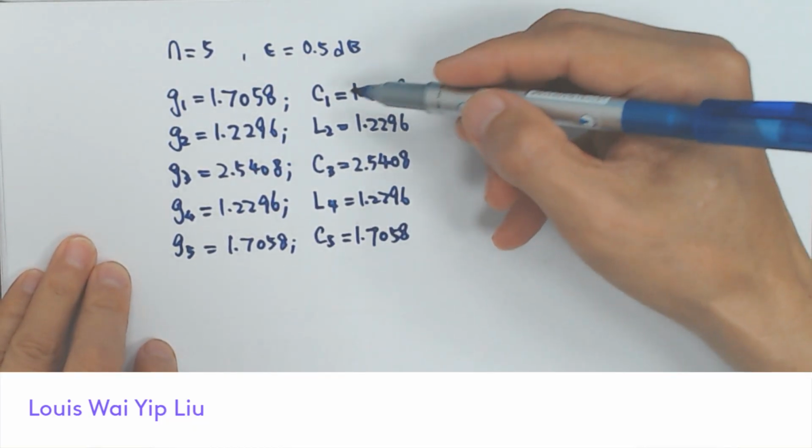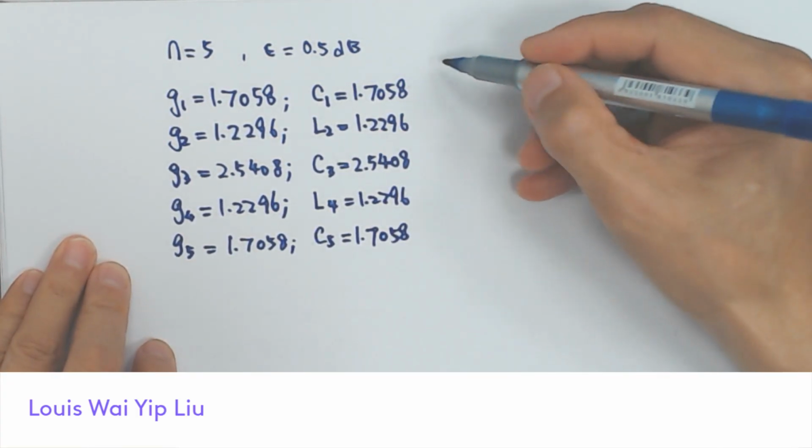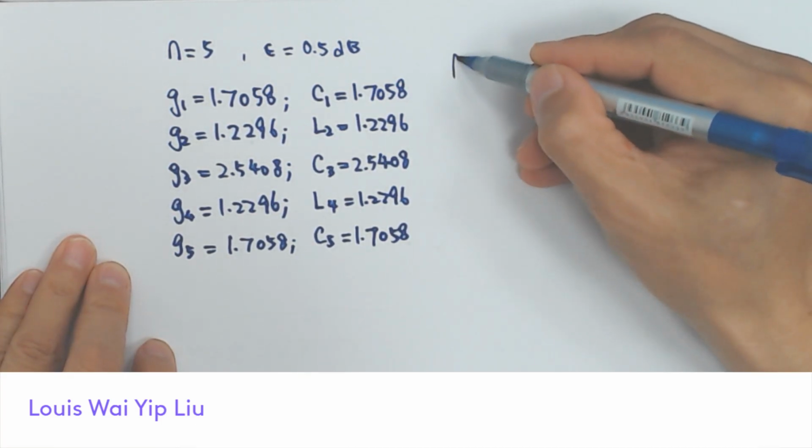So now we are in a position to calculate the electrical wavelength beta L.